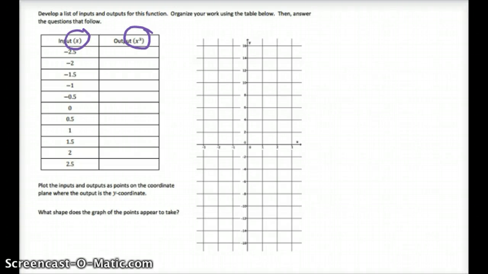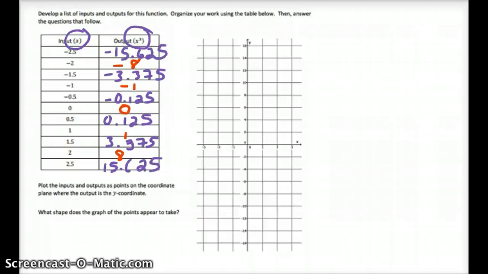Now using that rule, input x, output is x cubed. I'm going to fill in values. So using my calculator, I filled in all the y values. I'm going to answer the questions.